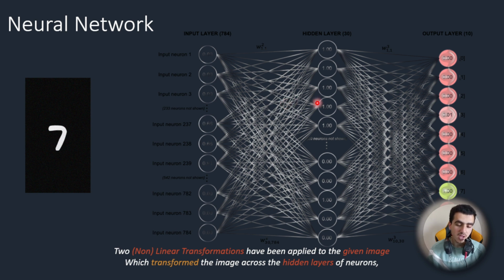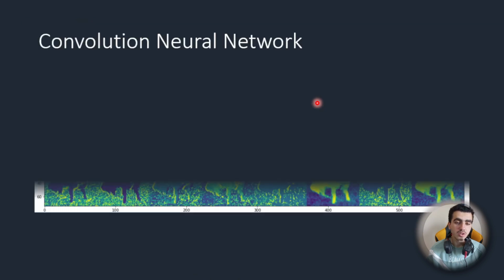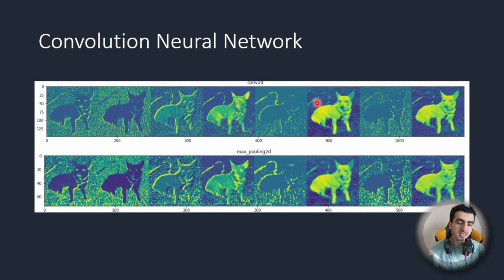Another thing is the convolutional neural network, which is an improved version for classifying images. A small image can be transformed into 784 neurons, which is already a pretty huge number.